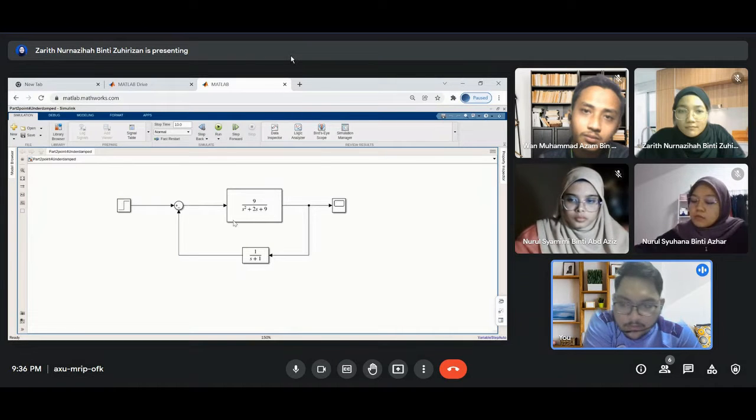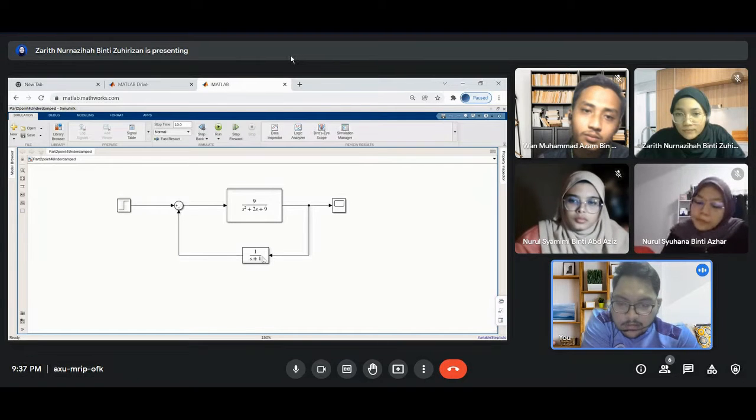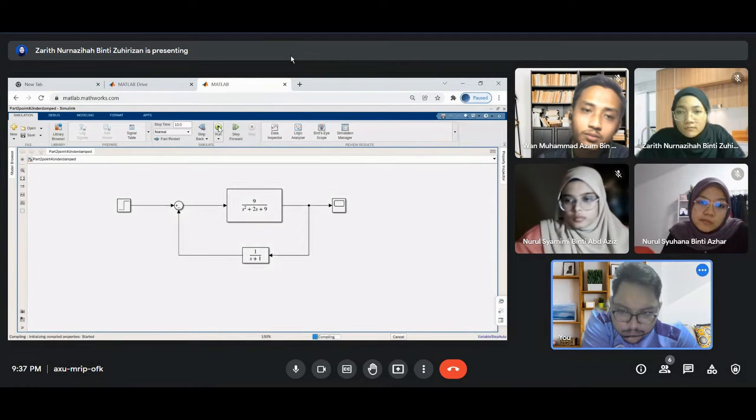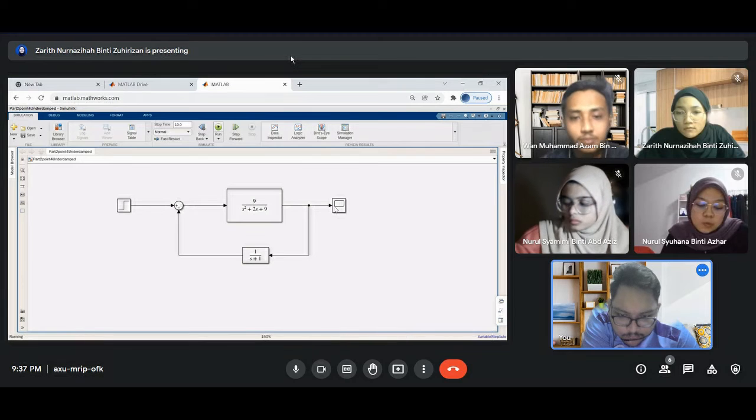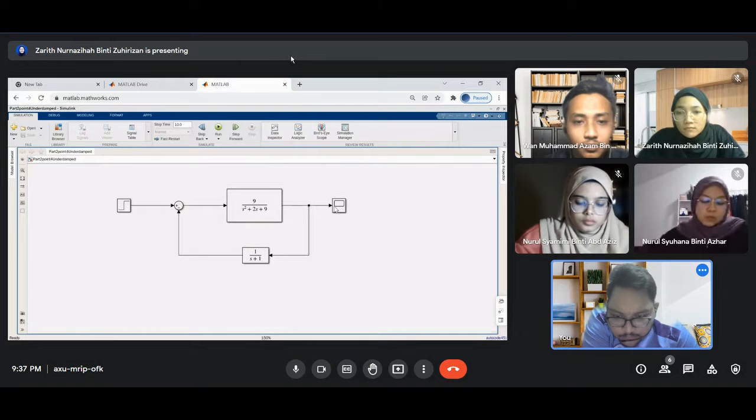The only difference for this presentation is the feedback block in the diagram, which is 1 over s plus 1. Okay, so Zarif, can you please run the graph? And then please click the scope.